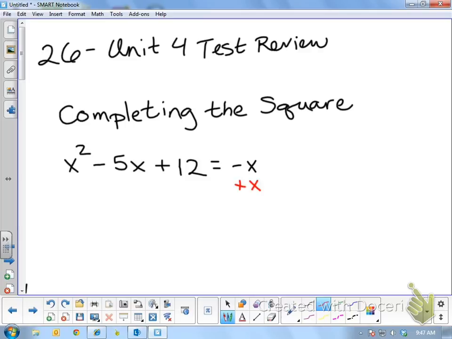That'll take my x from the right side to the left side. The variables should usually be on the left side, the numbers on the right. So this is bringing the x to the left side.